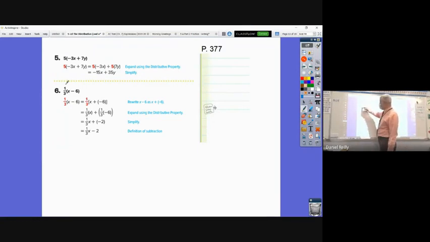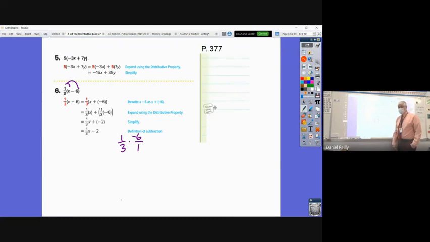1/3 times x and 1/3 times negative 6. 1/3 times x is 1/3 x. 1/3 times negative 6. Remember, to multiply fractions, you have to have fractions.